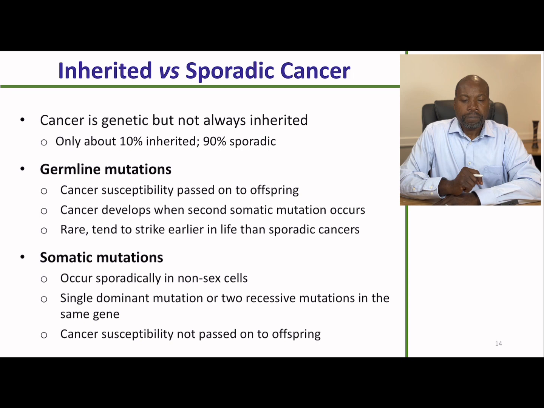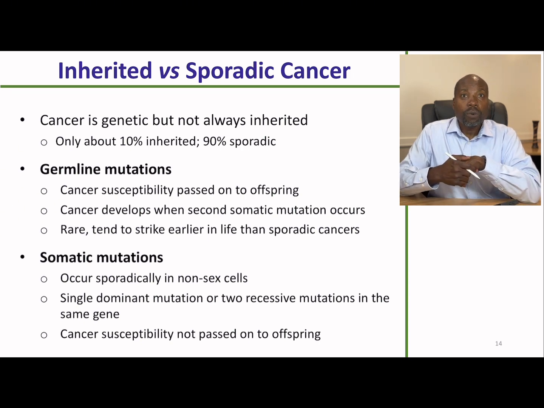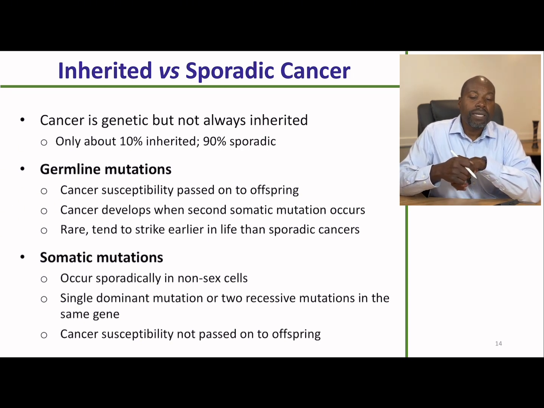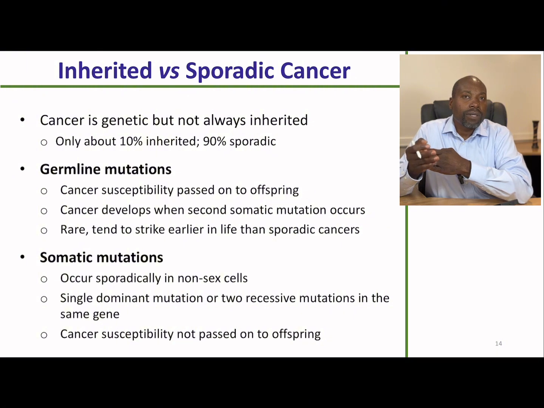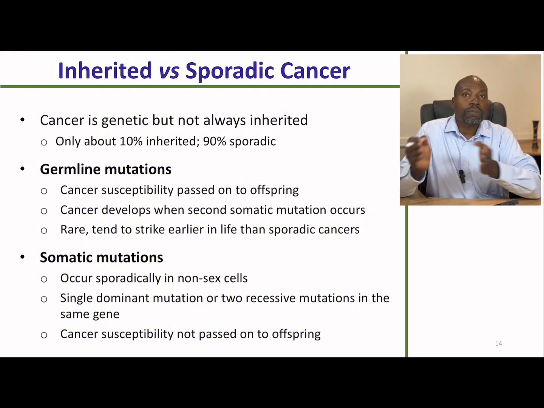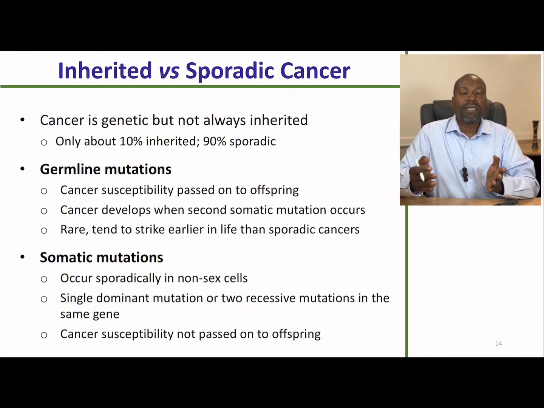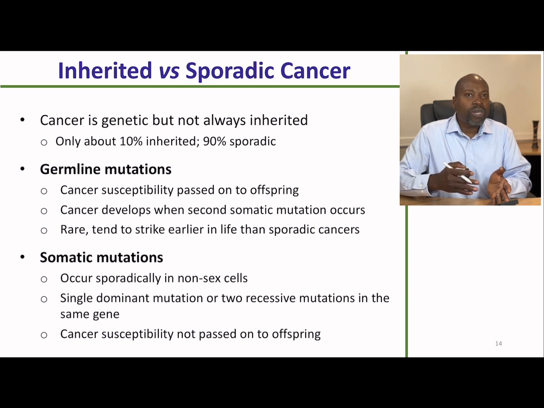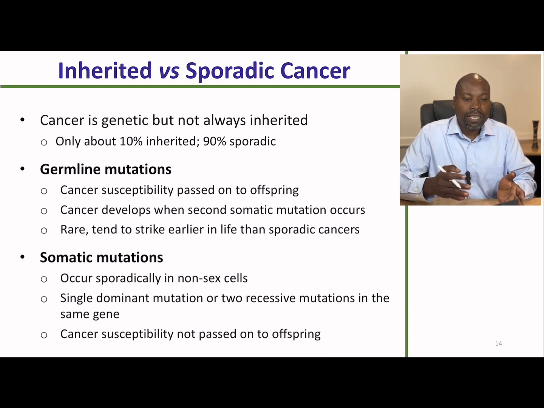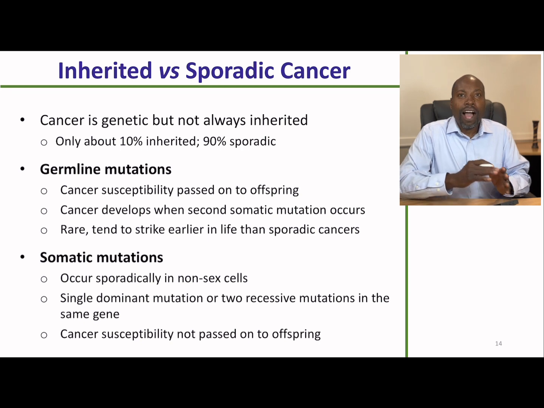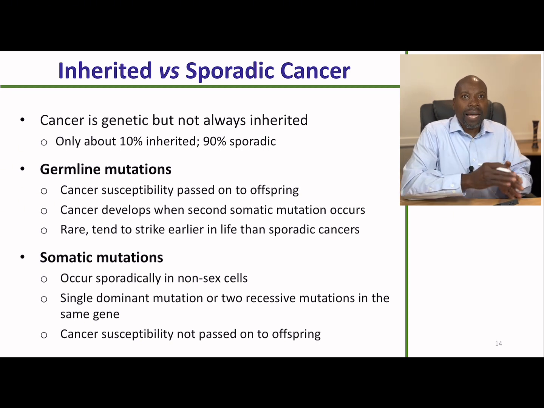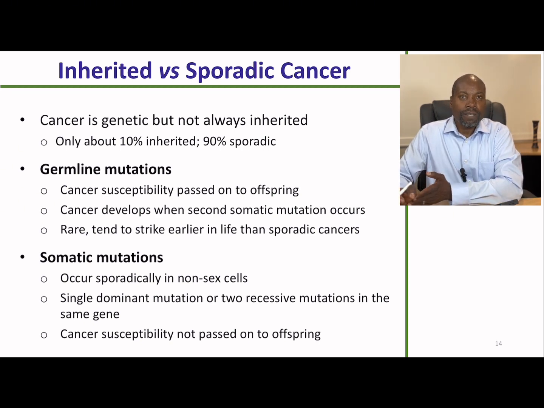So these cells behave almost like bacterial cells that you can grow forever, right? So then we have inherited cancers versus sporadic cancers. Inherited cancers, basically, this is written in genes, right? So the germ lines are affected and they are passed down to offsprings, right?